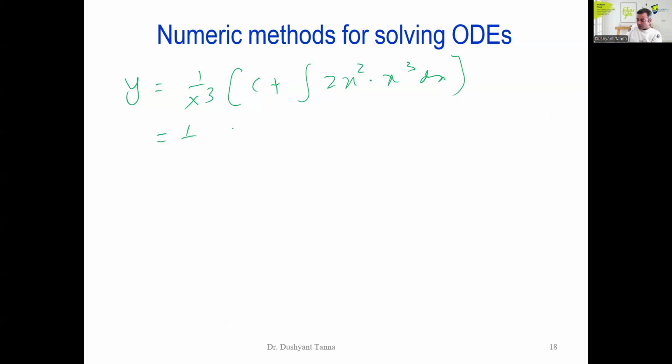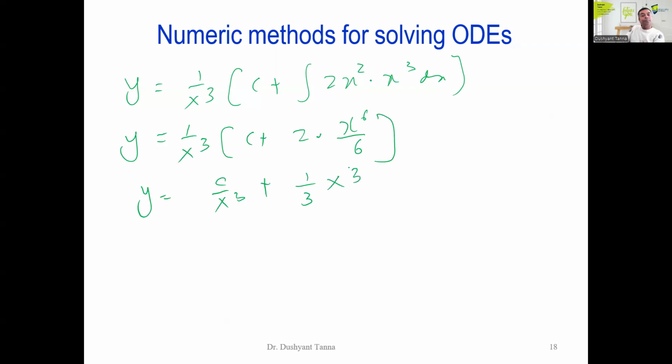So 1 over x cubed times c. Don't worry about the 2. This is x power 5, and the integration is x to the 6 over 6. Once you simplify it, c over x cubed plus 1/3 x cubed. Yeah, this is your y.